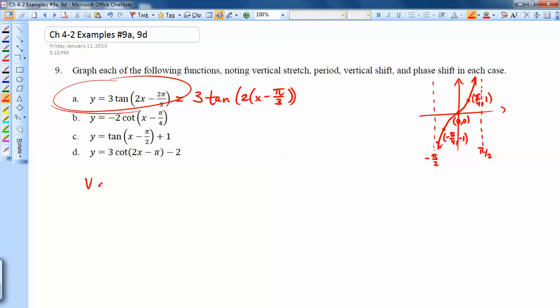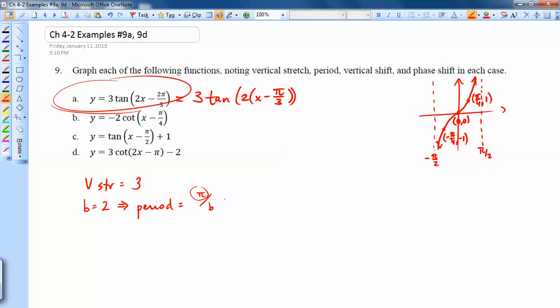way through it. Vertical stretch is going to be 3. The b is 2, so that means my period is going to be, now normally we do 2 pi over b, but in this case the normal period of tan is just pi. So really it's always the normal period of your parent function over the b.